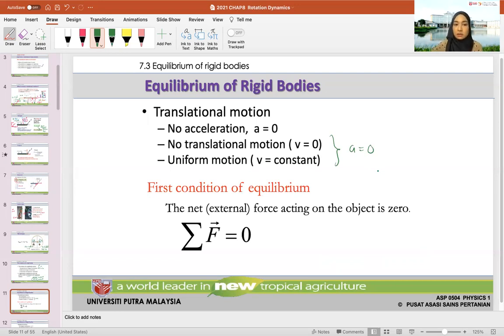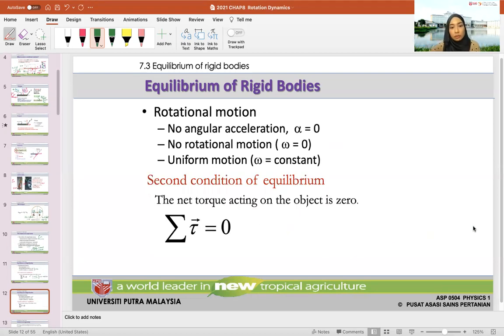It is at rest. So this is when the system is in equilibrium. For translational motion, so this is for net F. V constant ataupun V at rest. Dua-dua ni membawa maksud A equals to 0. When you have A equals to 0, ini membawa maksud net F equals to 0. So this is translational. Kita dah belajar ni.